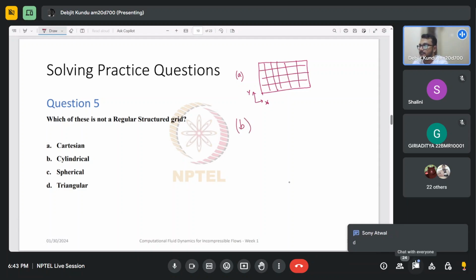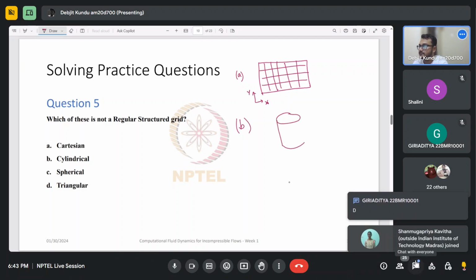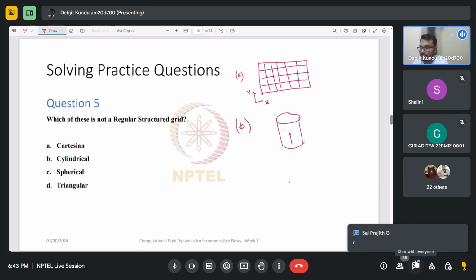Option B, cylindrical. So in cylindrical coordinates, we have something like this. The three dimensions here are the axial dimension, which can be Z, the radial direction, which is R, and the azimuthal direction, that is theta. And in this case, you can discretize this as such.